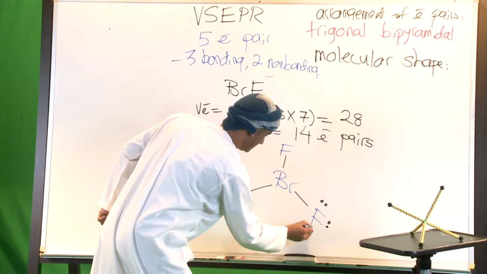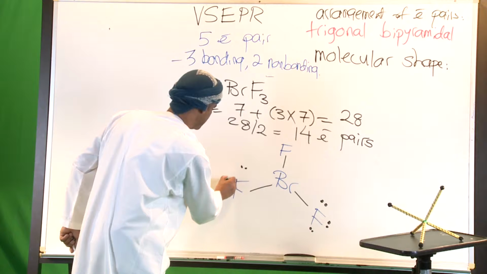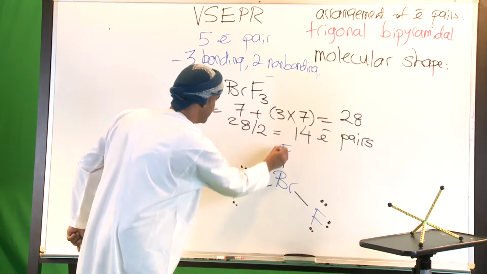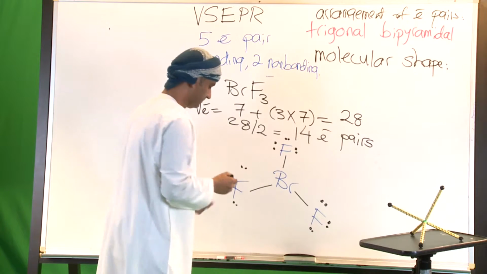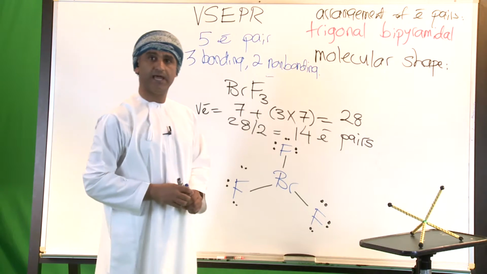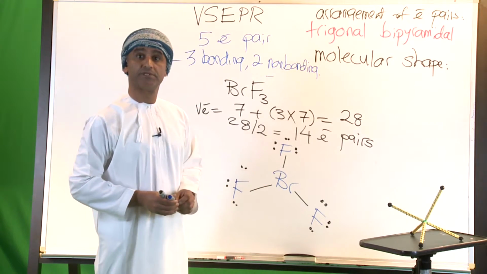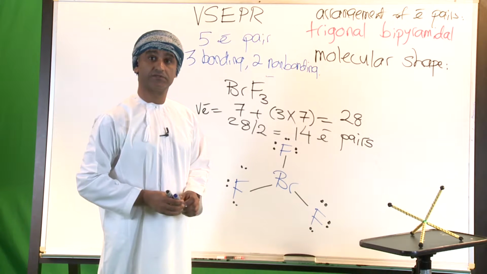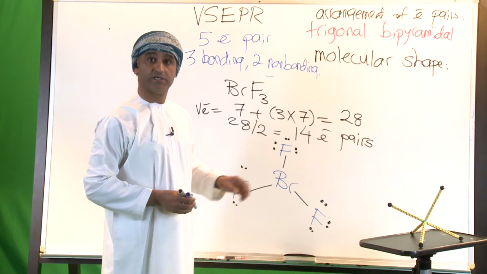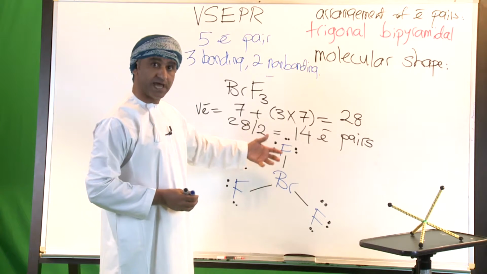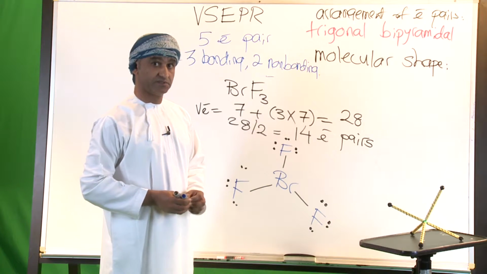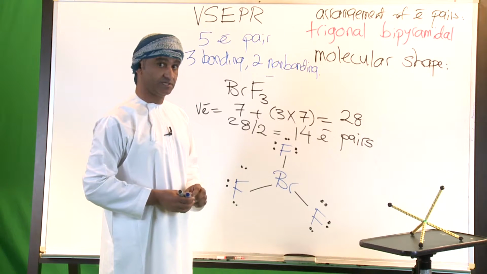So that's 6 on that fluorine, 6 here, and 6 on the third fluorine atom. And now each of these fluorine atoms is surrounded by 8 electrons, and that's in accordance with the octet rule.